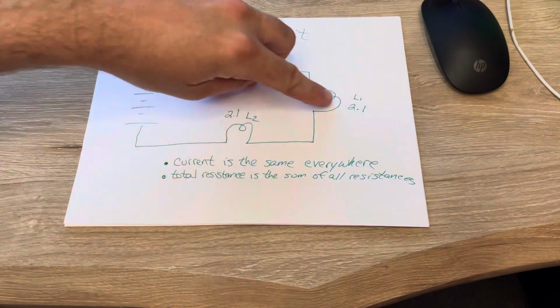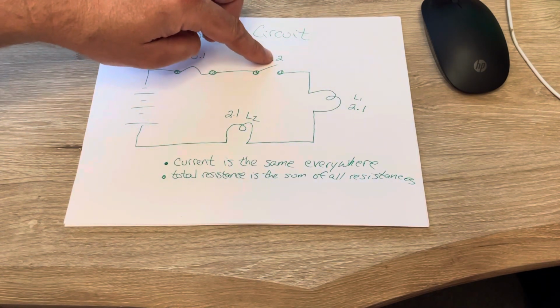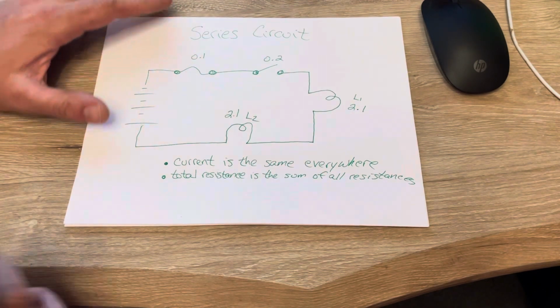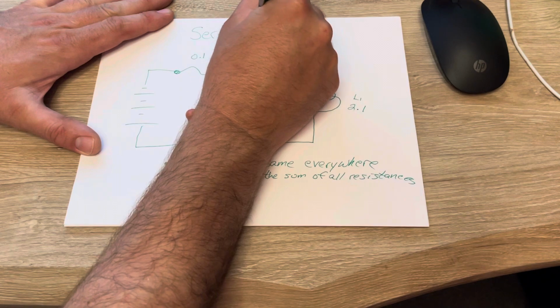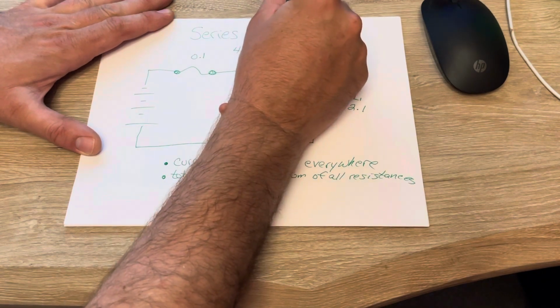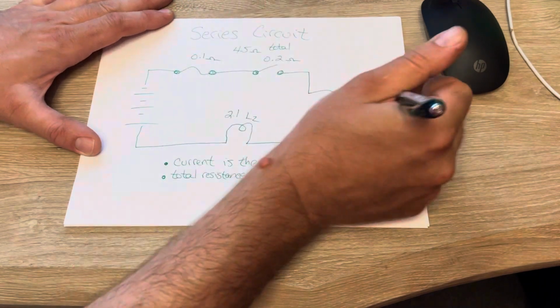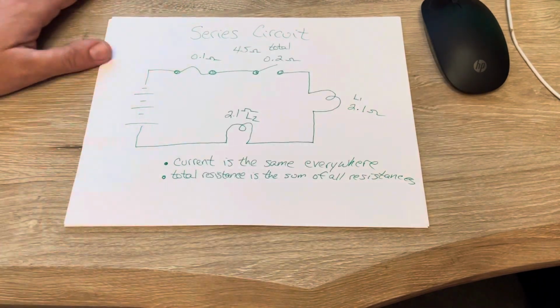So 2.1 and 2.1 is 4.2, plus 0.2 is 4.4, plus 0.1 is 4.5 ohms. And that is total, where these are all just individually measured ohms.